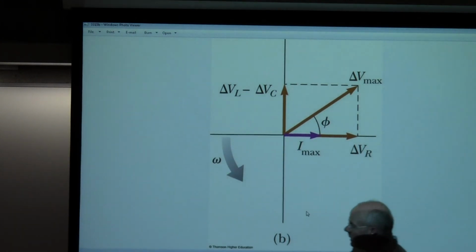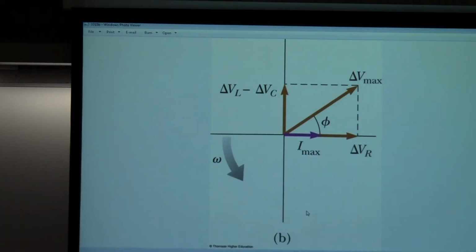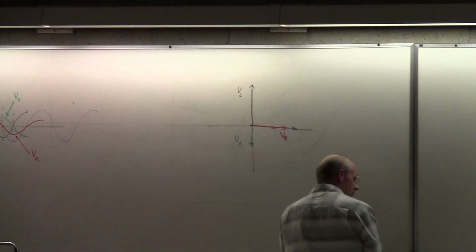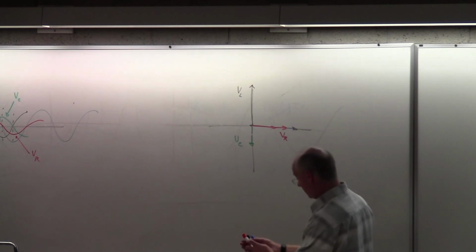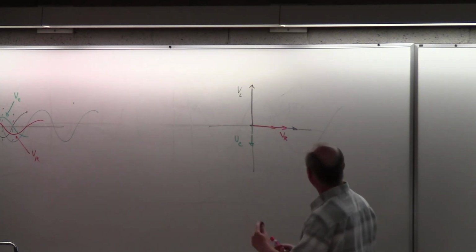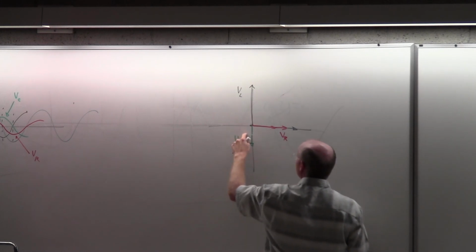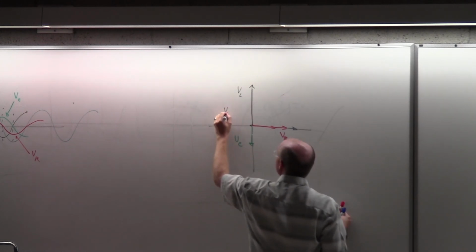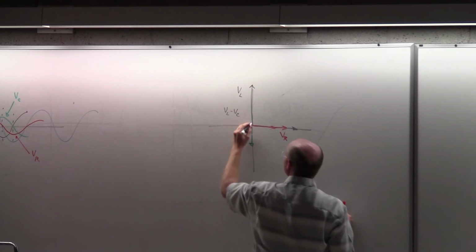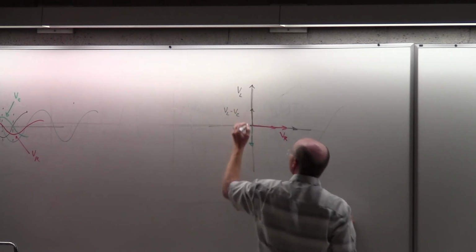The sum of all of these is simply a picture. I have no other color options here. Maybe I'll go back to black here. But if you put these two together, then you've got VL minus VC. That's how high it goes.